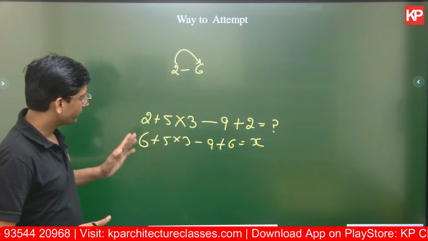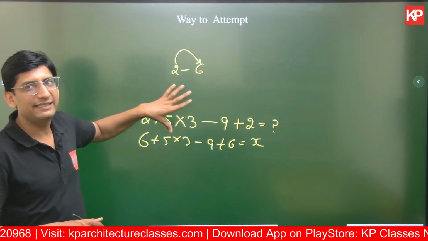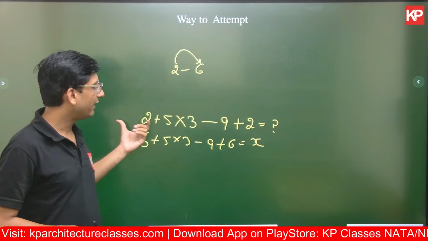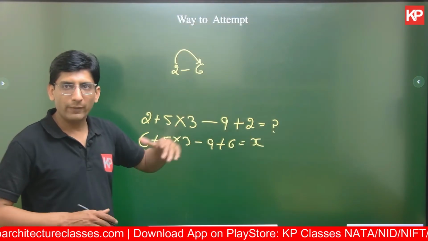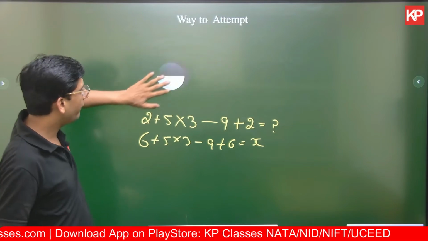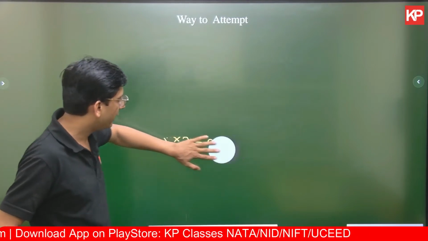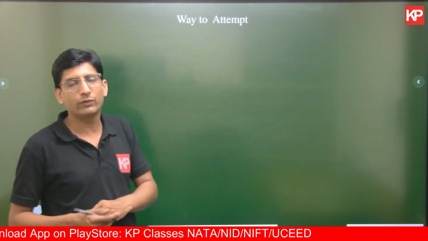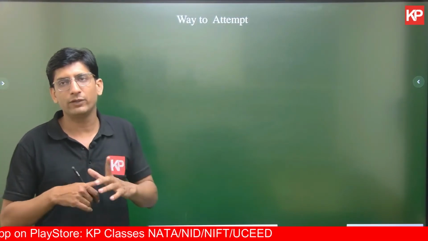This is easy, because you just have to solve this single equation. But in a certain number of questions we have to solve every given option. Let me give you an example where you have to solve each and every given option.